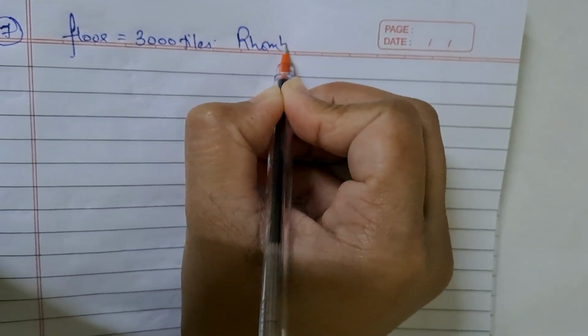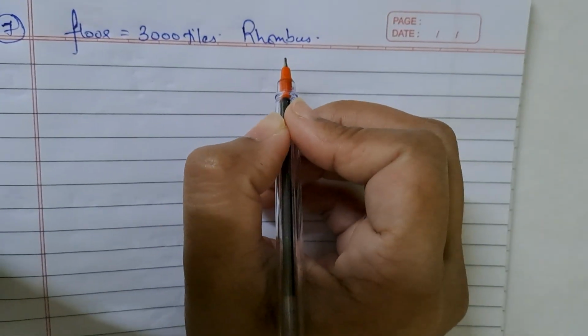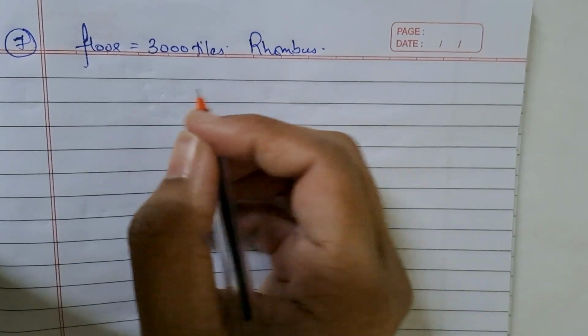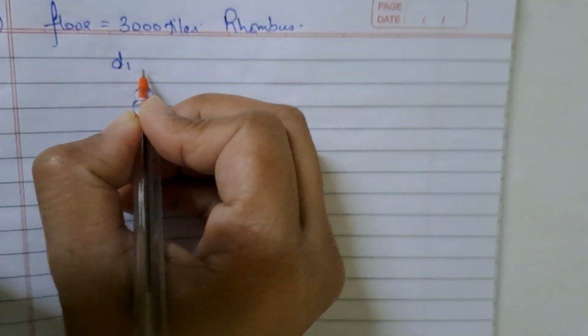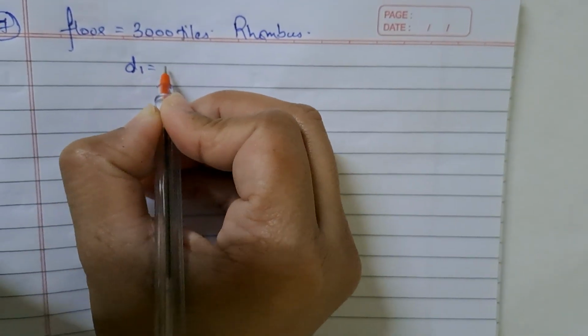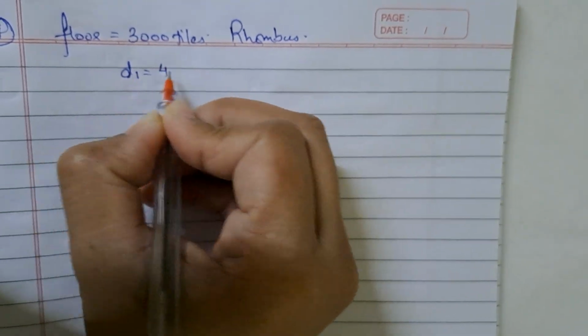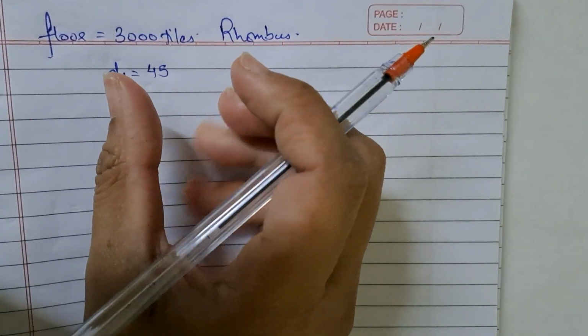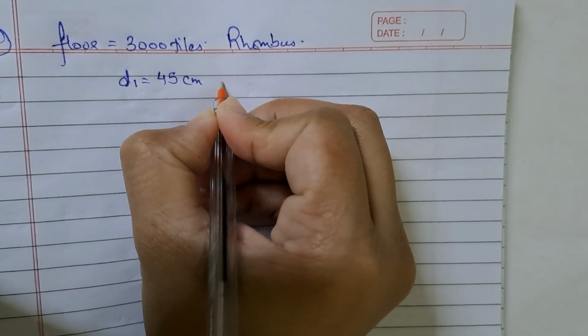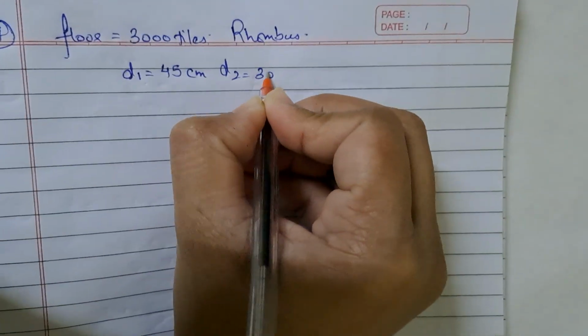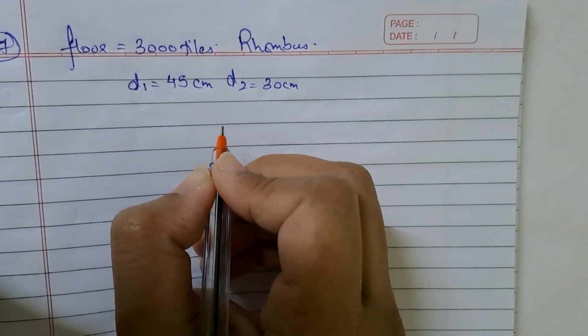Let me note it down because rhombus has a different area. And each of its diagonals is given to me as d1 is 45, because he said each, I wrote d1. If it was only the diagonal, I could have written d1 or d2 either. 45 centimeters, and the other one, d2, is 30 centimeters in length.